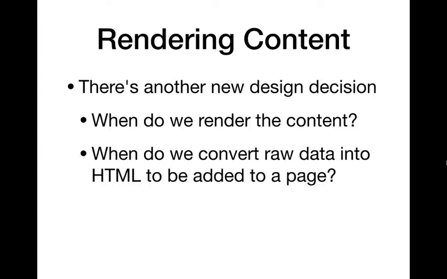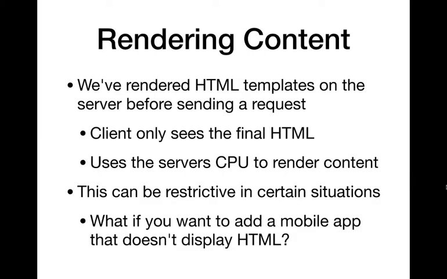All right, so we also have another question about rendering content. So far, we've seen HTML templates and rendered content that way. I want to throw out one other option and also talk about the pros and cons between these options. So how are we going to do this? One option, HTML templates, as we've seen.